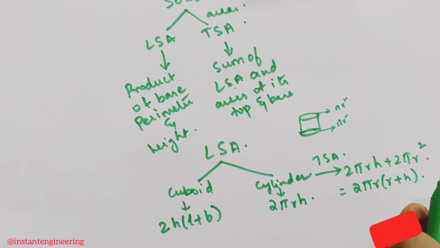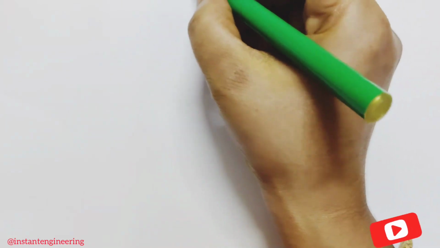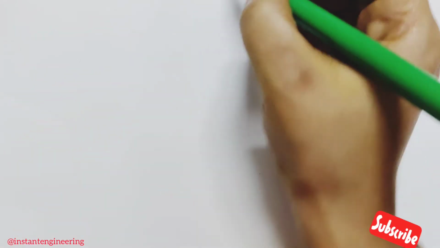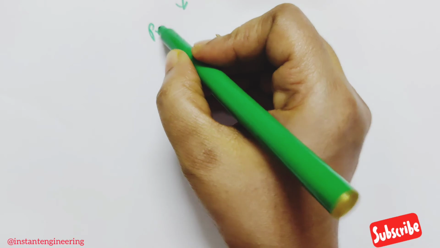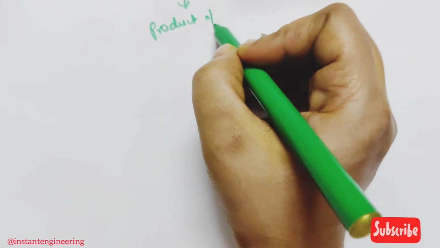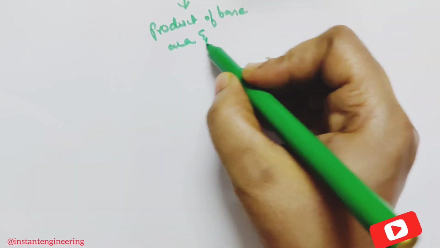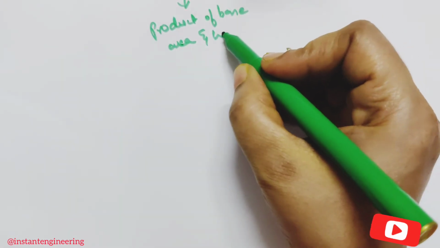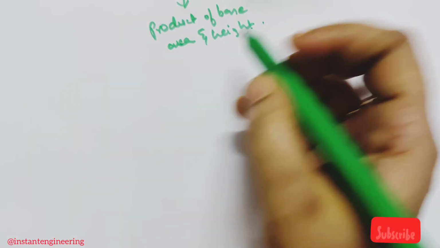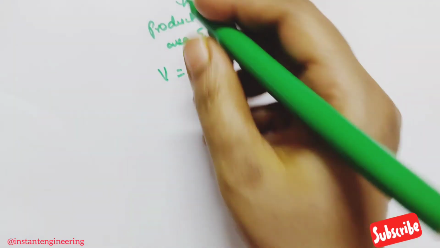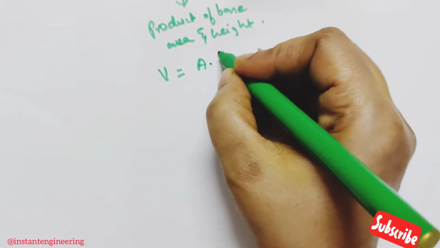Now we will see what is the volume of a solid. It is the product of its base area and height. That means V is equal to A, the area, into height.